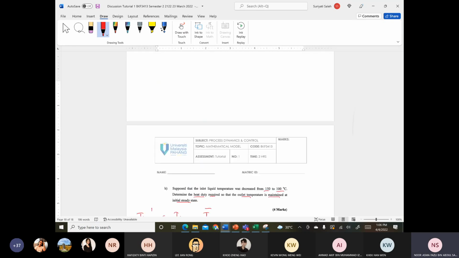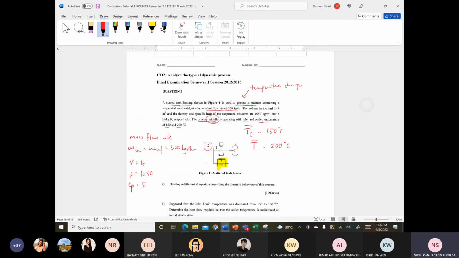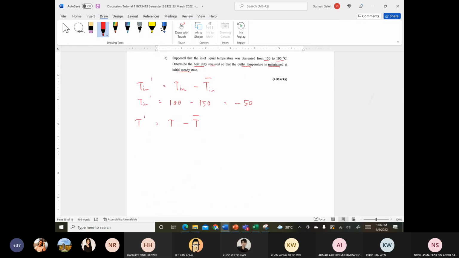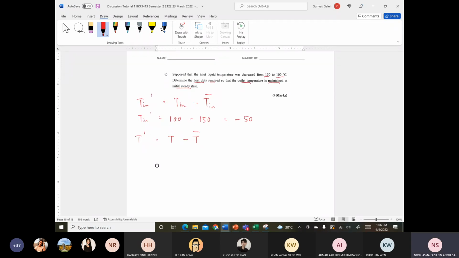The T bar for this case is given as 200 degrees C. The question asks you to maintain the outlet temperature at the initial steady state. So we know that T bar is 200, and it must be maintained at 200. So T prime in this case must be equal to 0, because the value has been maintained for the outlet temperature.